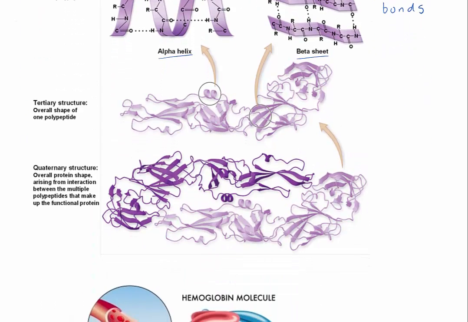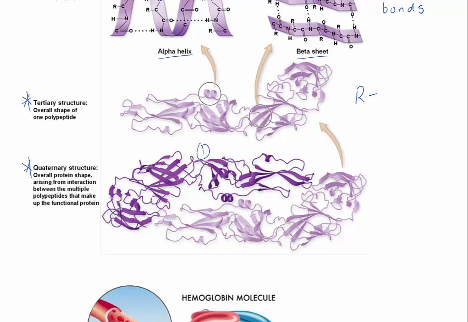Interactions between R groups, remember the R groups, which distinguish the difference between different types of amino acids? Well, those R groups can cause proteins to fold into a tertiary structure. When you get multiple tertiary structures interacting, they form quaternary structures. So for example, this protein consists of 2 polypeptides.